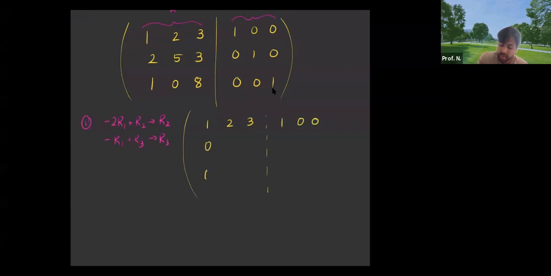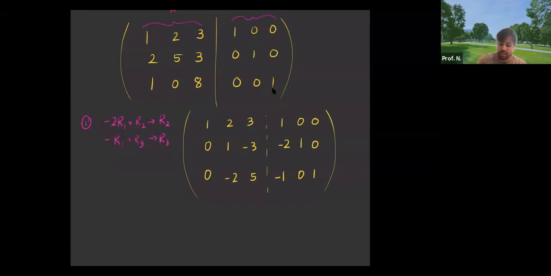This becomes 0, then -4, 1, then -6 plus 3 is -3, and -2, 1, 0. And in the third row, I get -2, 5, -1, and -1, 0, 1. Everyone in agreement so far?